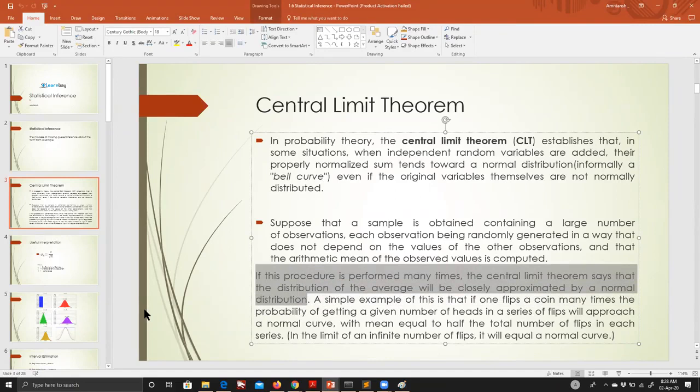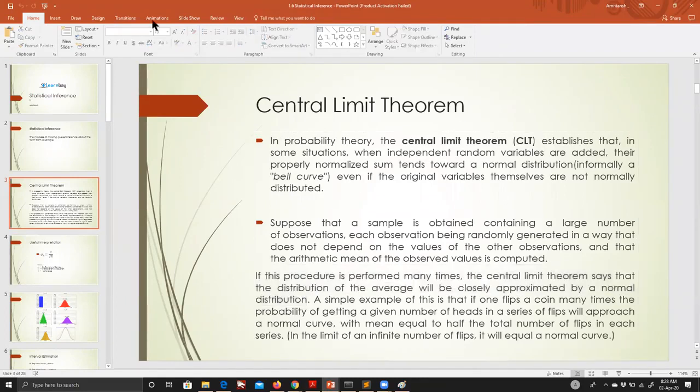And this is why you can take a coin flip, you can take a die roll, or you can maybe even replicate this with cards, okay? You will realize that basically this becomes true. The curve or the plot that you will get will start to look more and more like normal distribution, okay? So is this clear? And maybe you now might have understood why this assumption is taken.